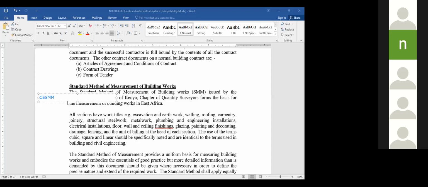Okay, so this is our main focus, the SMM. However, different areas have different standards, so as for us, we shall be following the SMM.